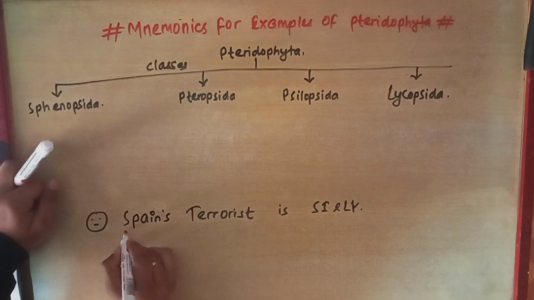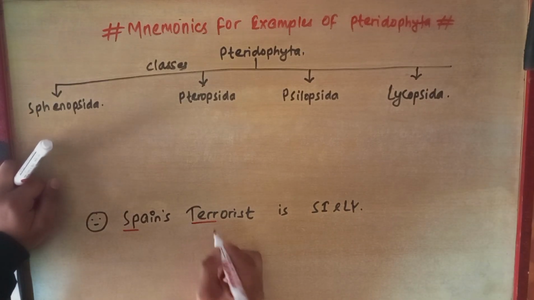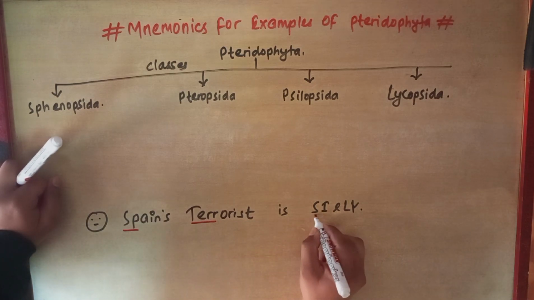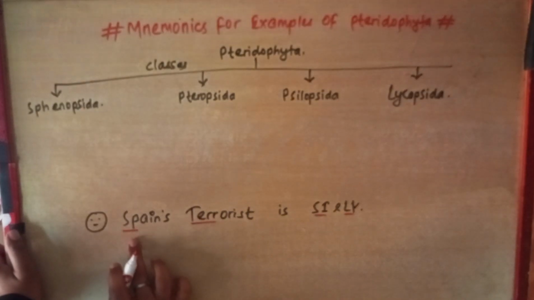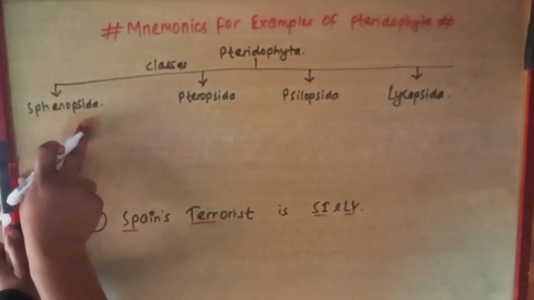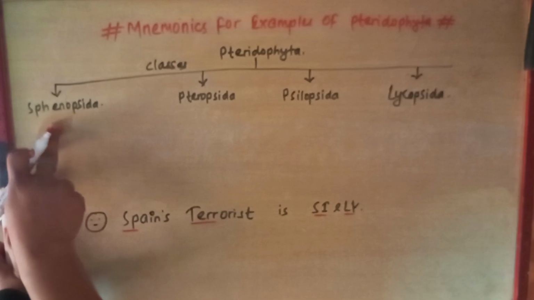That is, we have SP, TER, SI and LY. Here SP means Sphenopsida.